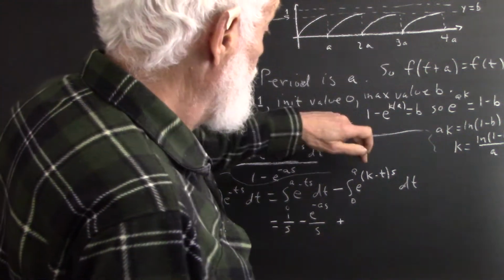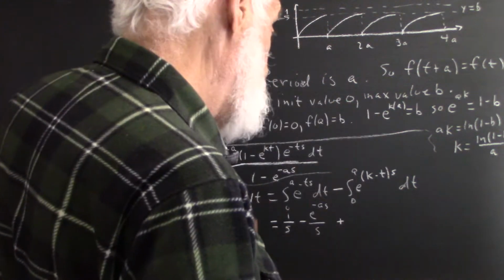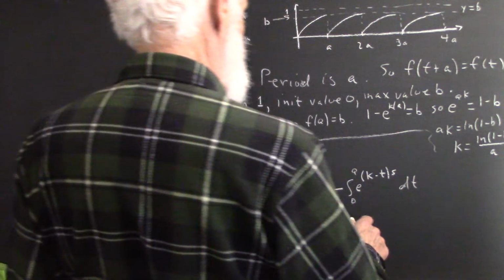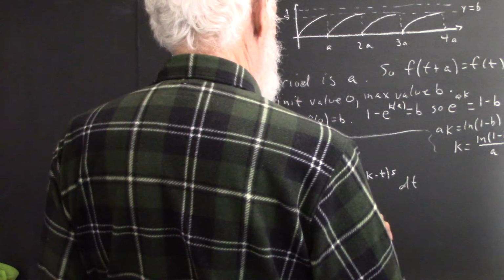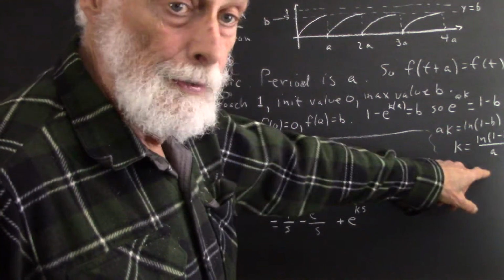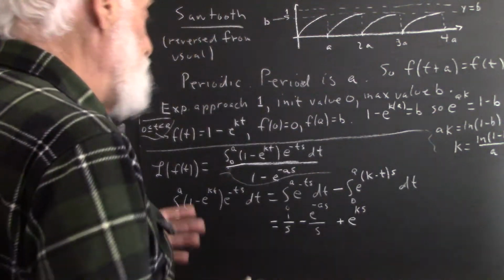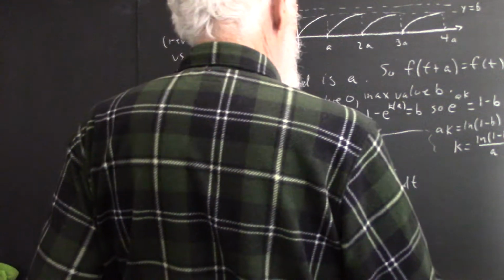And e to the ks is independent of t, it's constant, so it can come out in front of the integral. So I can say that we have e to the ks. Now remember that k is a negative number because of what I said here.